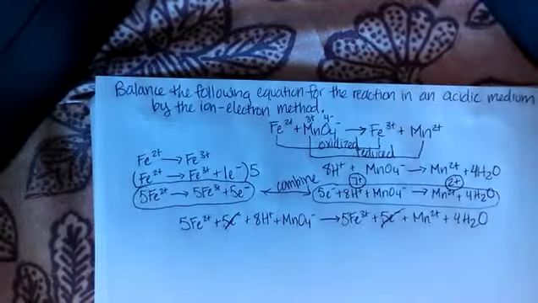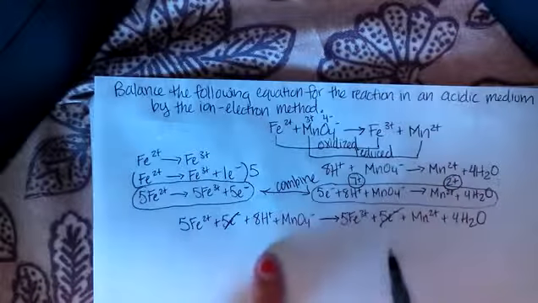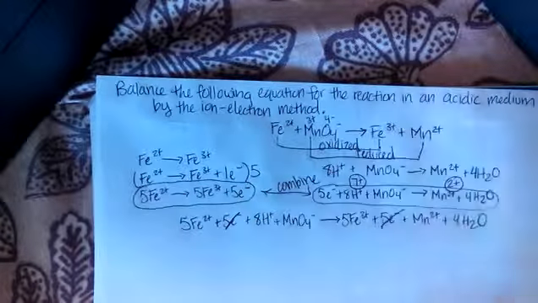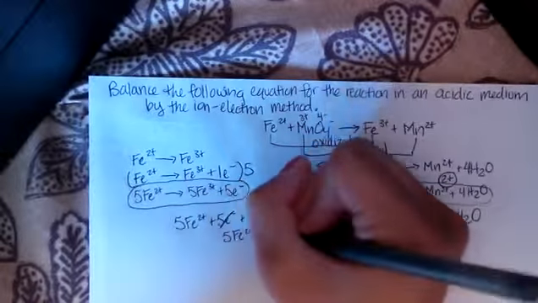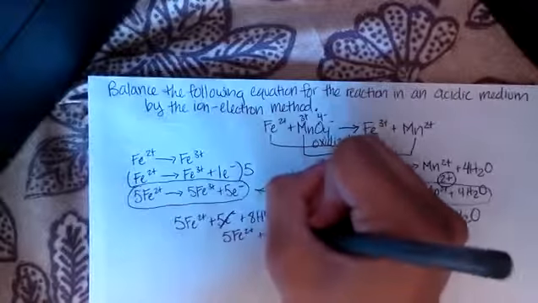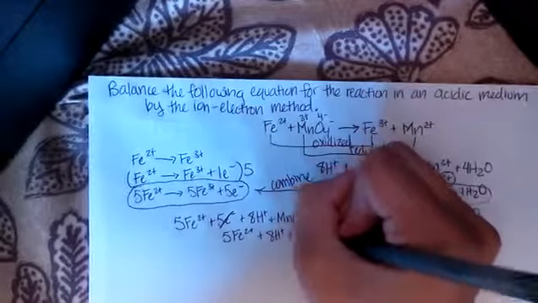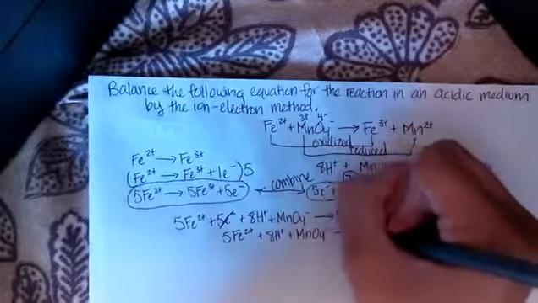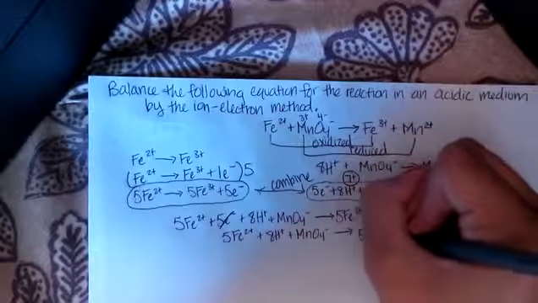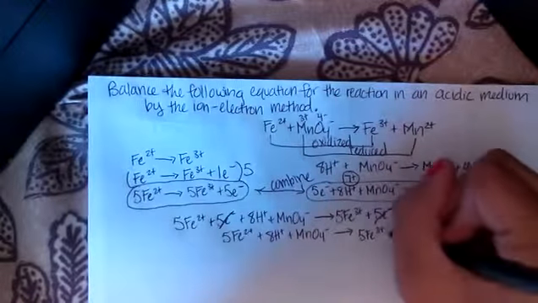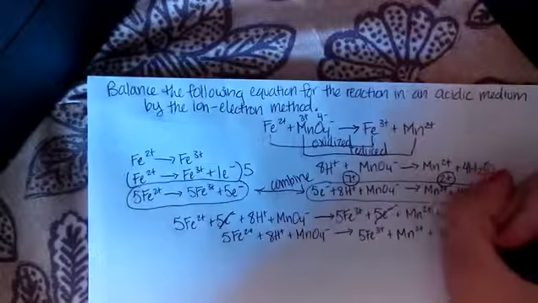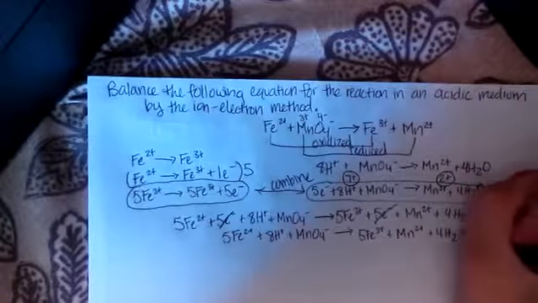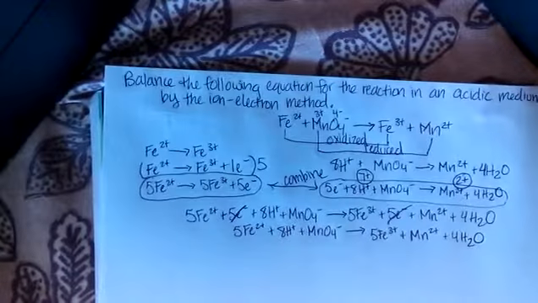So now I'm just going to take everything here and condense it, taking out the 5 electrons. So 5Fe2 plus, 8H plus, MnO4 minus goes to 5Fe3 plus, plus Mn2 plus, plus 4H2O.